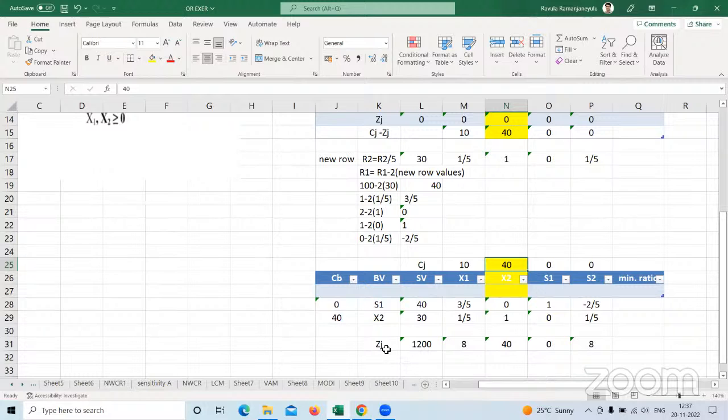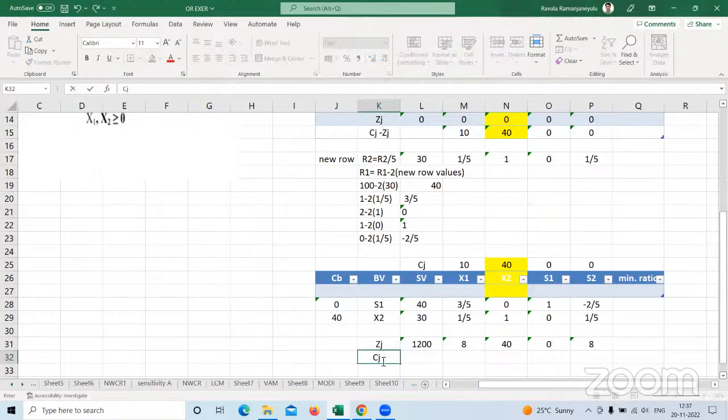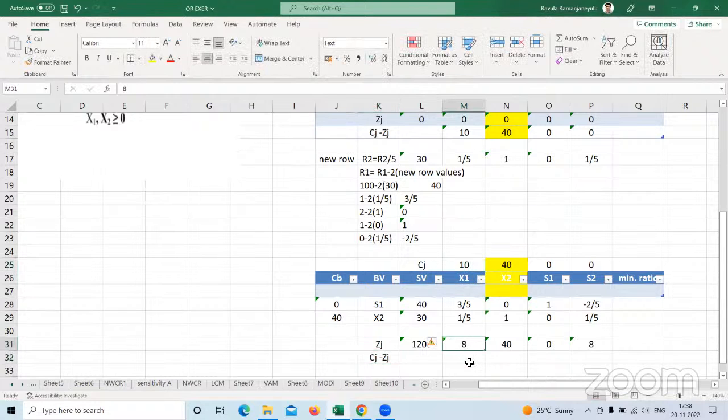Now we got Zj. Next, Cj minus Zj. We do Cj minus Zj again. 10 minus 8 is 2.